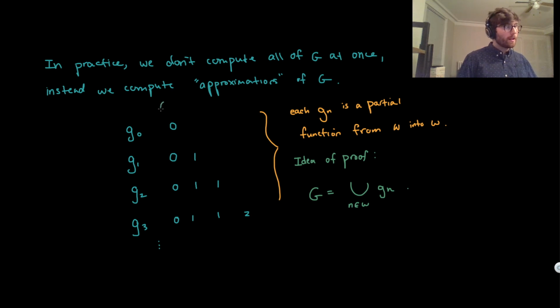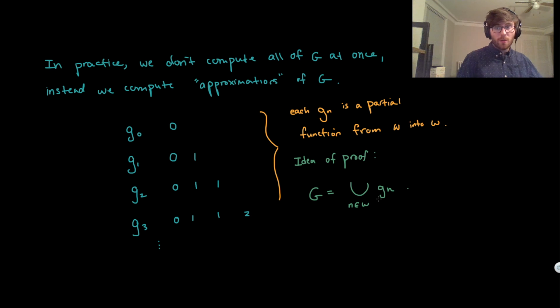The input for all of these partial functions, say when we plug in 0 into any of these partial functions, we're always going to get 0. If we input 2 into any of the approximations after g_0 and g_1, we're always going to get 1. These functions are all extensions of each other.